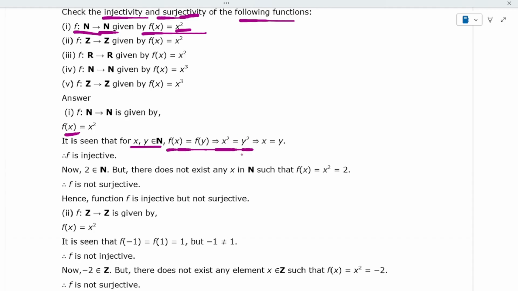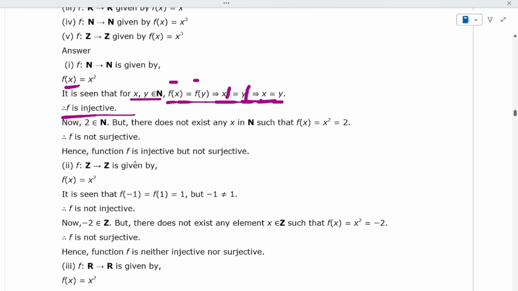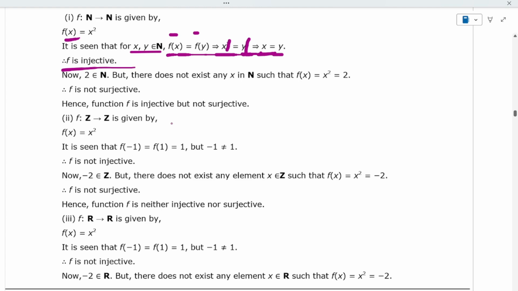If you take the square root on both sides, the roots get cancelled, so x equals y. So it is injective. If x is equal to y, it is injective.